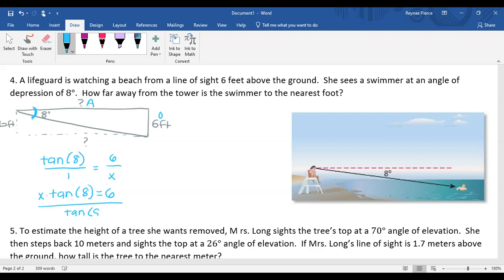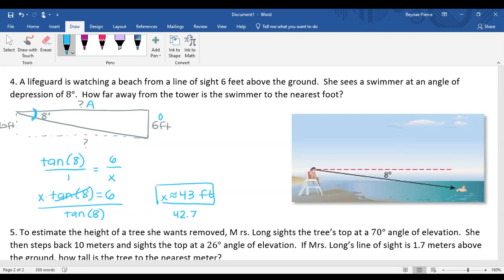Divide everything by the tangent of 8. To the nearest foot, that swimmer is about 43 feet away from the tower.